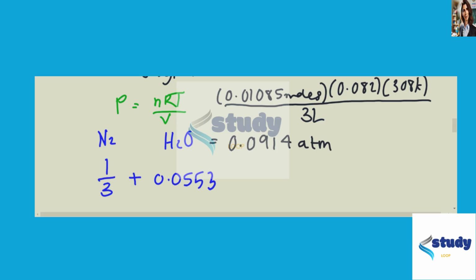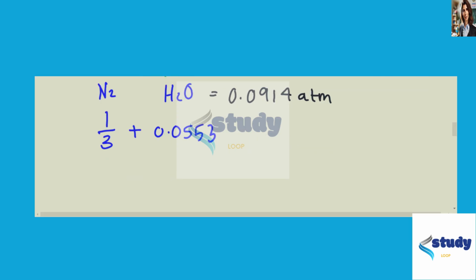Yes, we calculated it to be that. And then finally the pressure of ethanol, which we got as 0.0914. And that should give us about 0.4 atm. So that was the final answer, and I hope that was helpful.